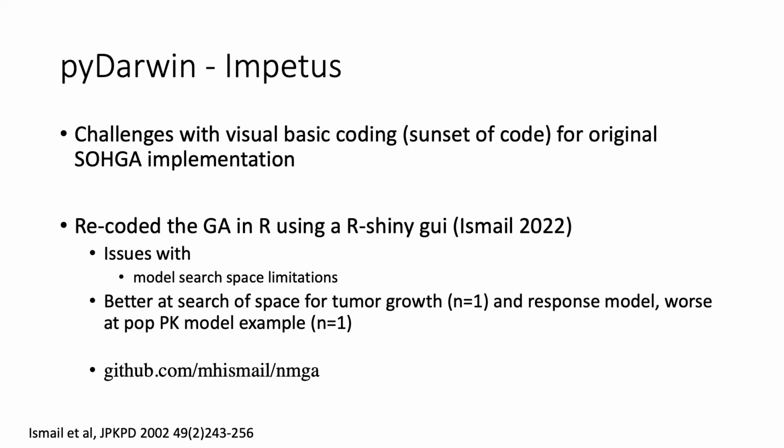But with the PopPK model, the GA approach actually came up with a model that was about 24 points worse than the stepwise. This code is available at the GitHub address provided here. Anybody who wants to try it, you may need to check versions in R of different packages and that sort of thing, but it is something fun to explore with the caveats that I expressed.